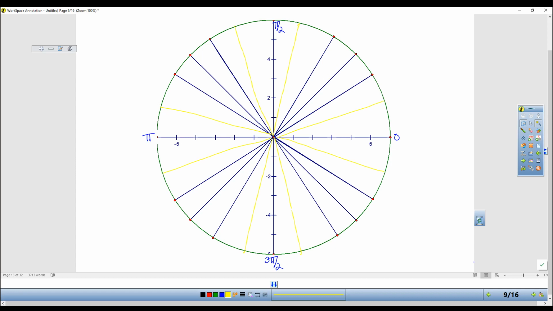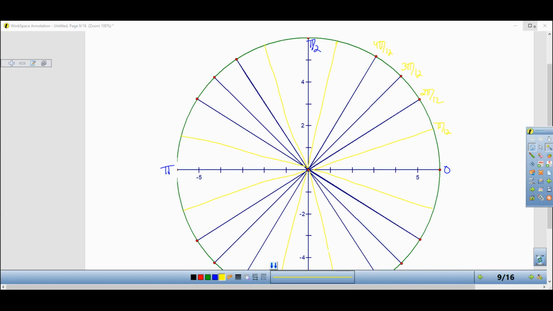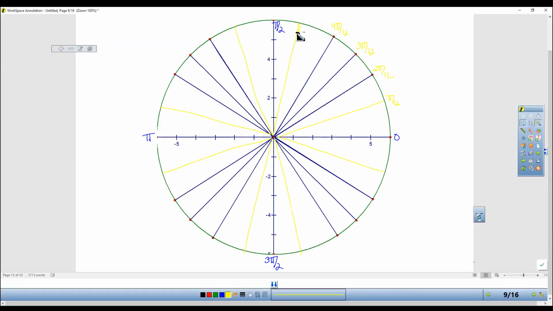So this is pi divided by 12, pi 12ths. So remember, pi is halfway around, and I've broken it up into 12 pieces, 24 altogether. So this is pi 12ths. This is 2 pi 12ths, 3 pi 12ths, 4 pi 12ths, and 5 pi 12ths.